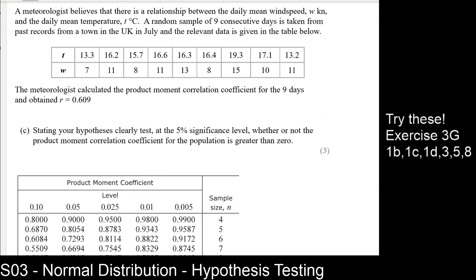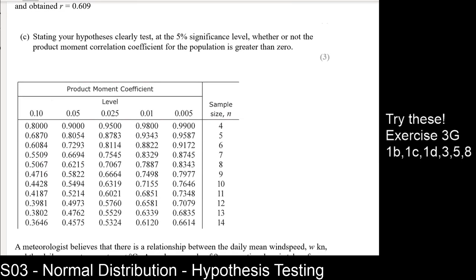When we are doing this, we need to write our hypotheses. First off, we write our null hypothesis, and when we're looking at product moment correlation coefficient, that is simply that there is no correlation.